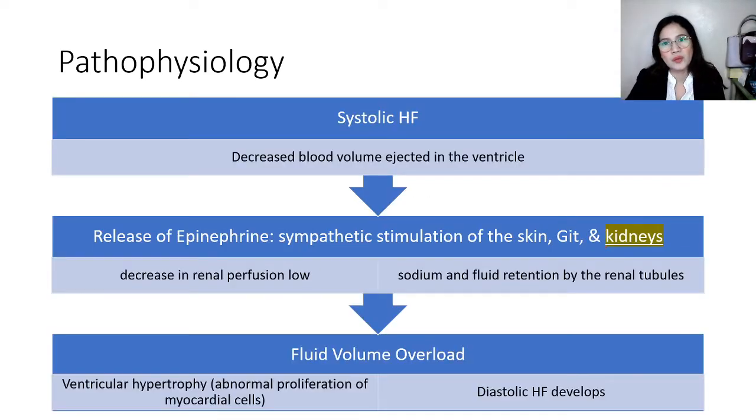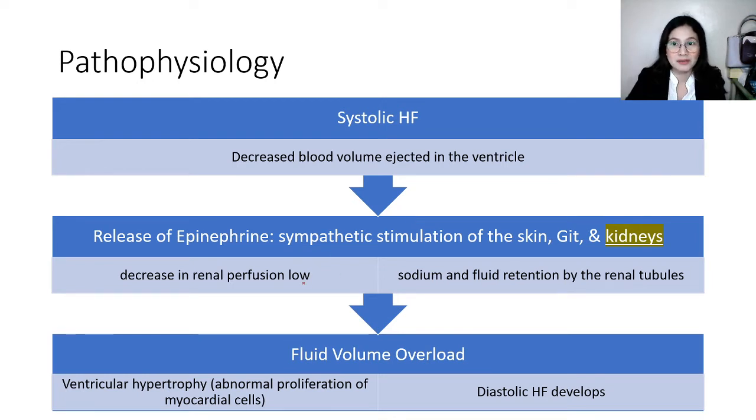So to continue once again, next is what happens now in systolic heart failure. Systolic heart failure results in decreased blood volume being ejected from the ventricle. If this happens, the decreased ventricular stretch is sensed by baroreceptors in the aortic and carotid bodies.